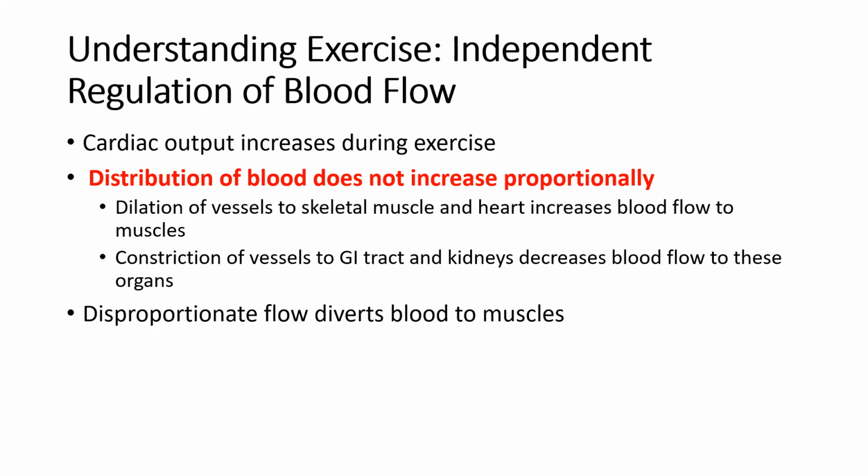It's going to go more to skeletal muscle, more to heart, and most of our other vessels, including the GI and the kidneys, are going to pretty much sacrifice their blood supply for the sake of the skeletal muscle and the heart. Which organ system do you think cannot sacrifice its blood flow, its cardiac output?